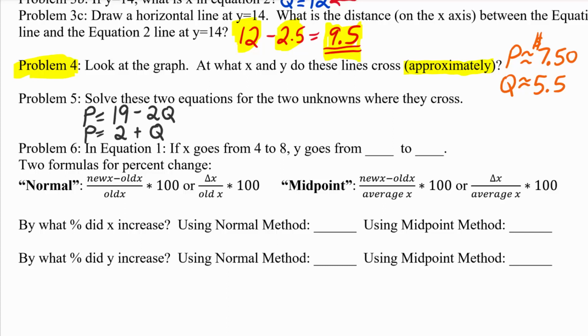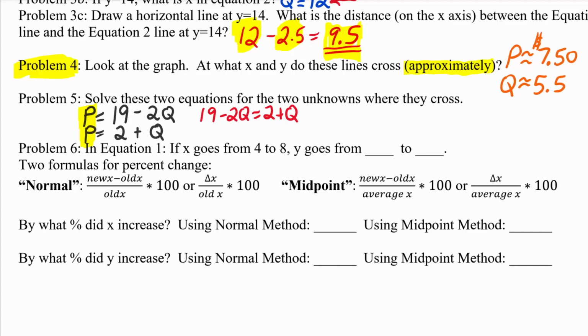If you're looking to see where those two lines cross, since these are written as something equal to price by default, if you want to see where those two equations are equal, just set the right-hand sides equal to each other. So just set 19 minus 2q equal to 2 plus q. Again, we need to do a little bit of algebra here, but it's not that difficult.